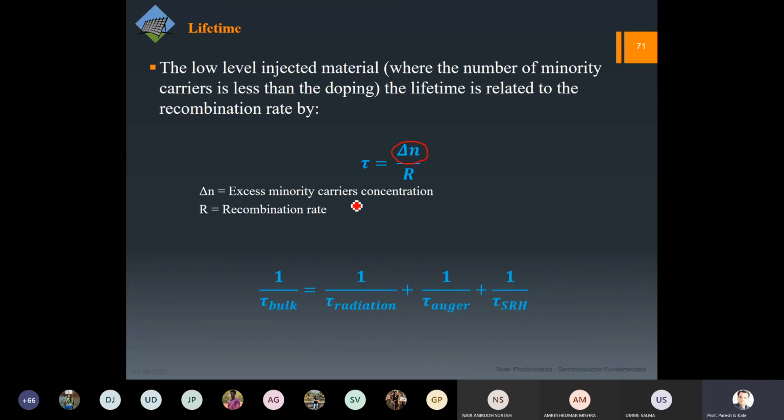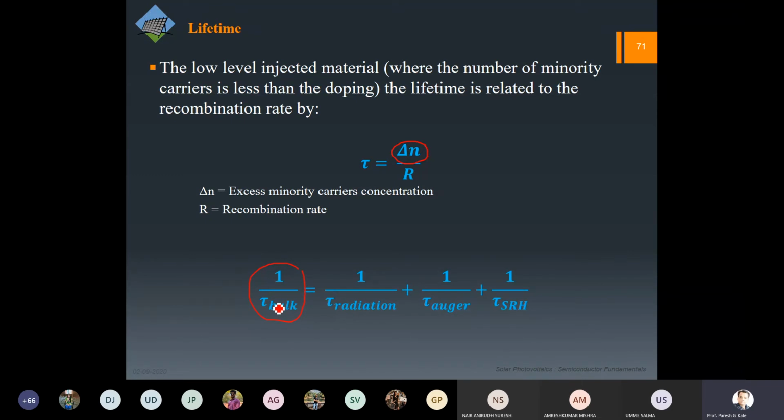Now, in an ideal semiconductor, all three recombinations are going to happen. So the total recombination we can think of, and we can have the bulk lifetime.